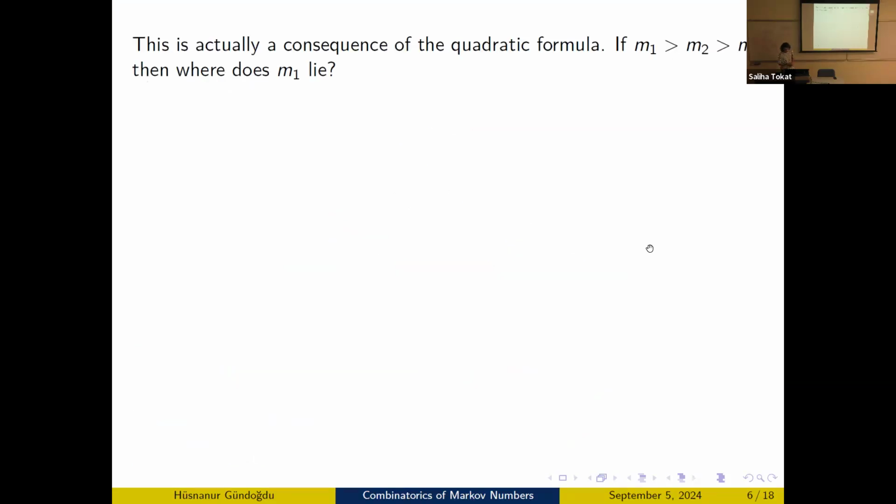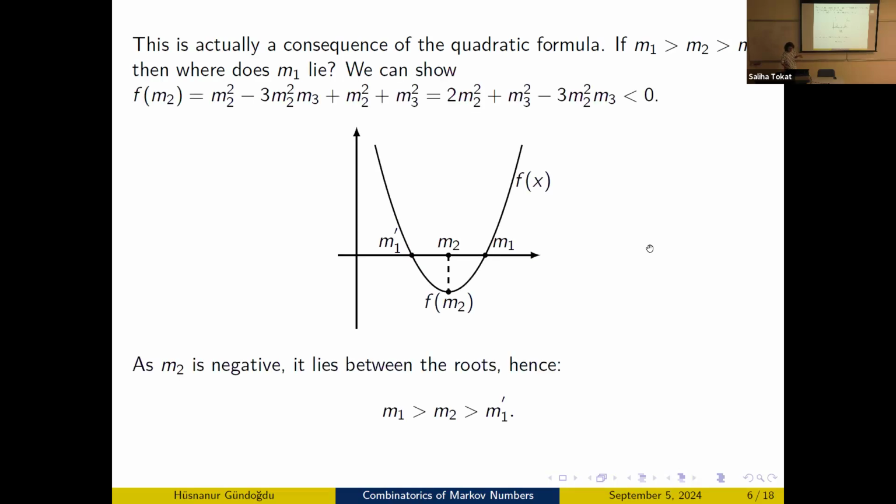Suppose that M1 is greater than M2, and M2 is greater than M3. Plugging M2 into our quadratic equation, we get something like that, and this is smaller than 0. Looking at the graph of our quadratic equation, you see that if the value at M2 is negative, then M2 lies between M1 and M1 prime.